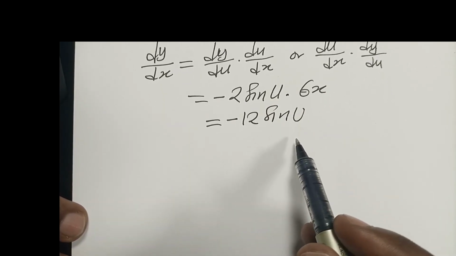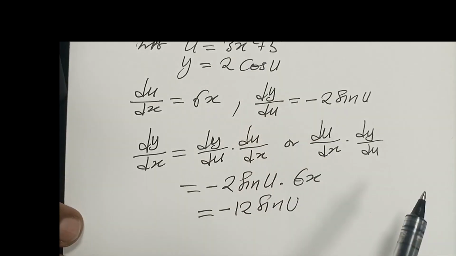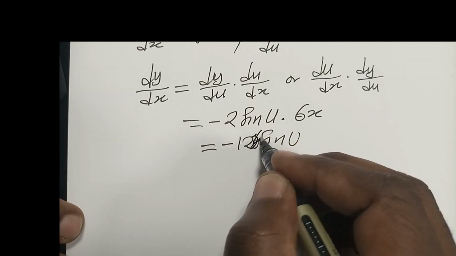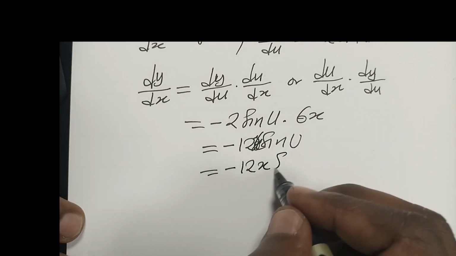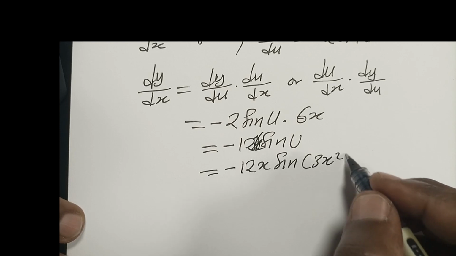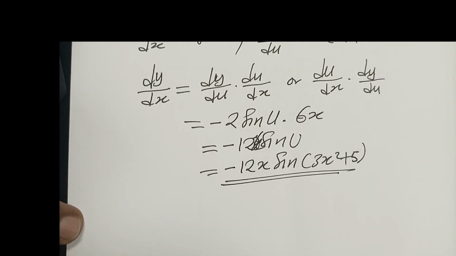We don't know it. Our u is 3x squared plus 5. So you're going to substitute back. This should be x. So you should have minus 12x sine, what is your u? 3x squared plus 5. This is the final answer.